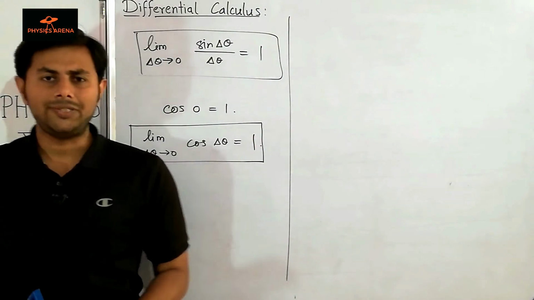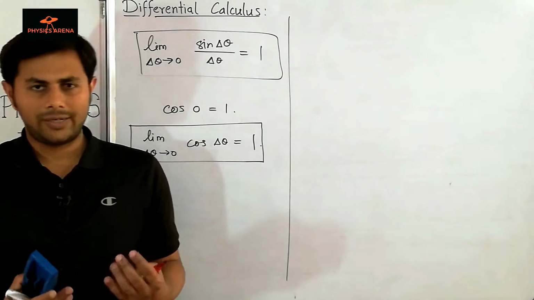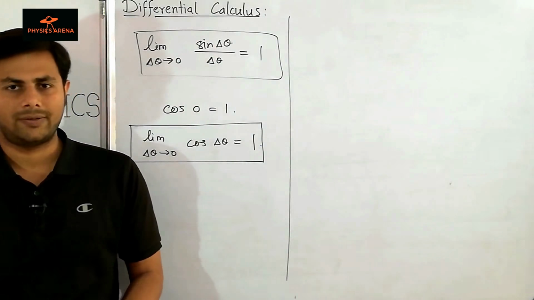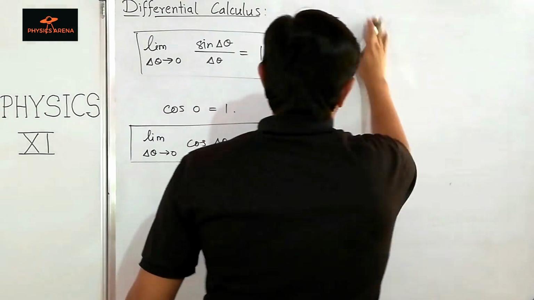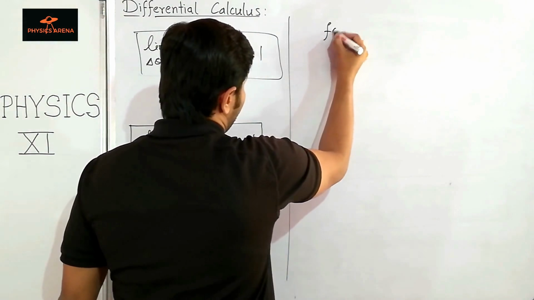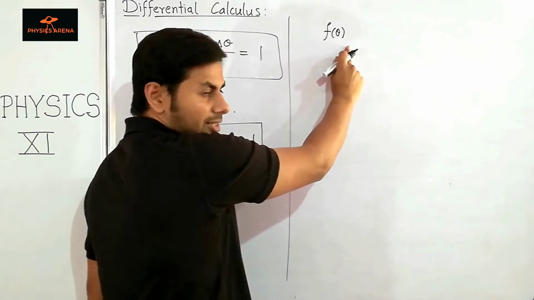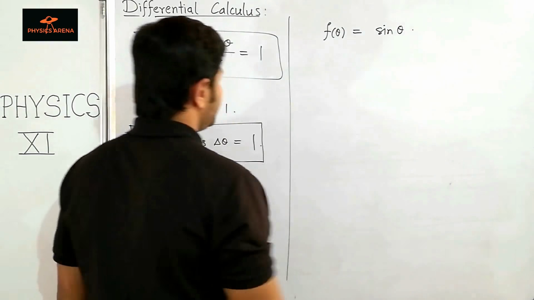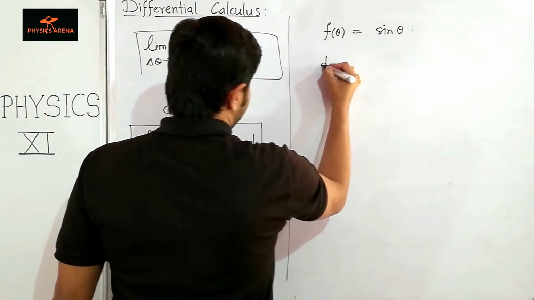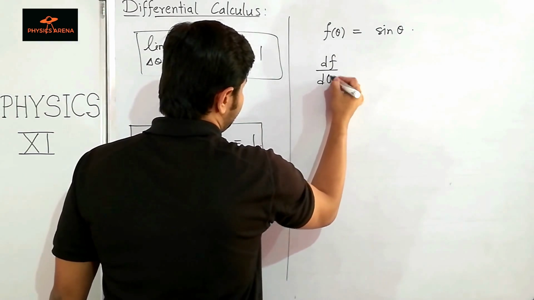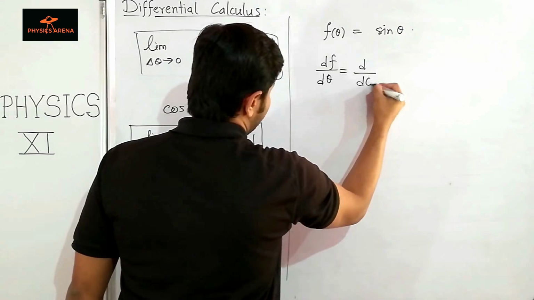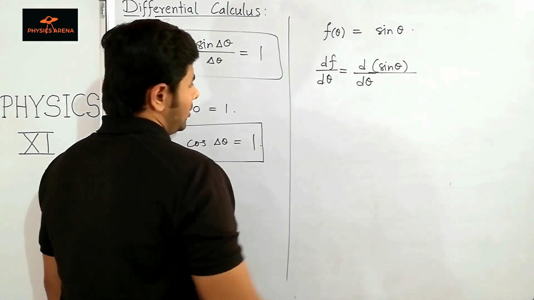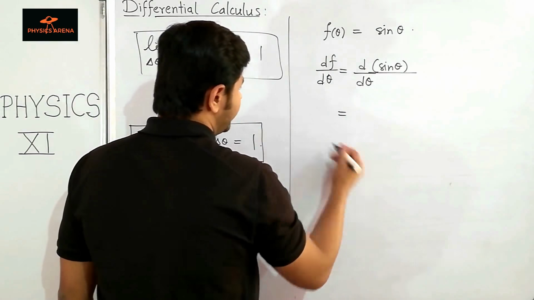Okay, now let's try to find the derivative of sine of an angle. So suppose a function of theta, f of theta, here is sine theta. What is df by d theta? That is d by d theta of sine theta. So let's use our definition.